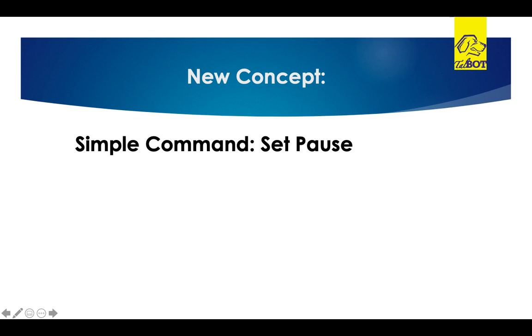All right, the next new concept is going to be simple commands. This is how we're going to do a set pause. We said we can pause by doing wait1Msec, and in this case, this is going to have a parameter inside of it. So we're going to have open parentheses 1850, and we'll see where that number comes from in a little bit. And we're going to close that with a semicolon.